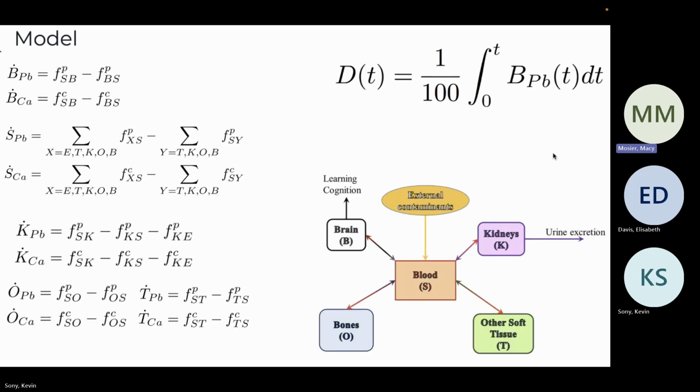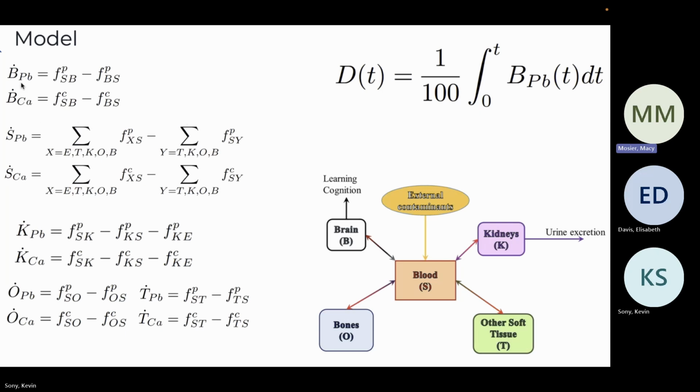Now we're able to develop a set of differential equations to describe how lead and calcium move between these different compartments. The most important compartment is the brain and the amount of lead that goes in and out of it, and that's what the two terms in the time derivative of the brain lead represent.